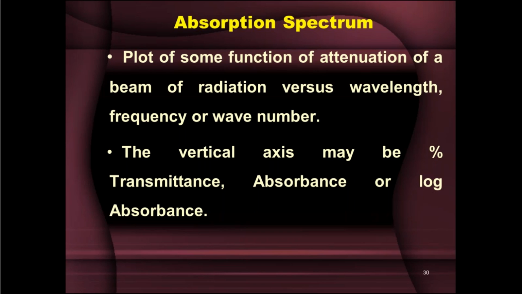So for different regions, we could use different terms on the x and y-axis to construct an absorption spectrum. In the UV visible region, it's not wrong to have the others also, but it is usually absorbance on the y-axis versus wavelength on the x-axis.